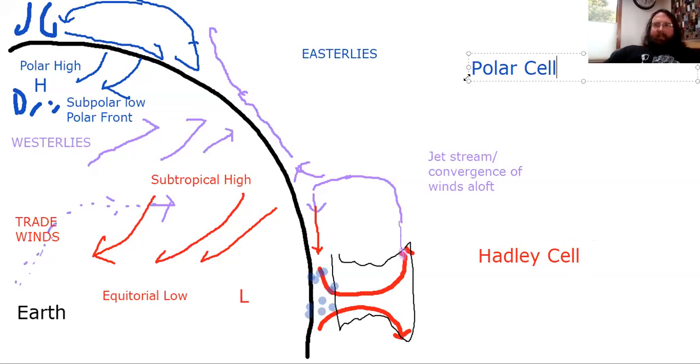And then in the mid-latitudes, you have what is known as the Ferrel cell.